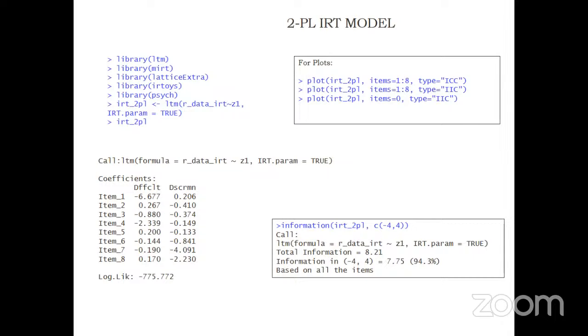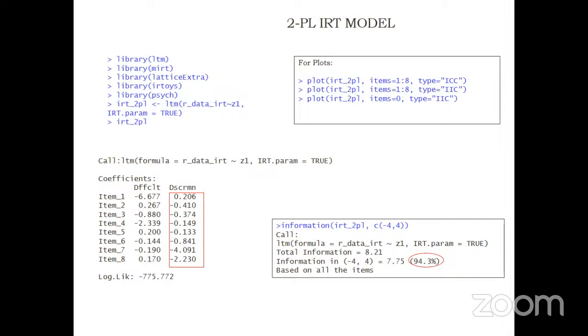So it is always better to go for 2PL models, where you get both the difficulty level and the discrimination level indices. Here you can see that you get the discrimination indices for all the same 8 items.